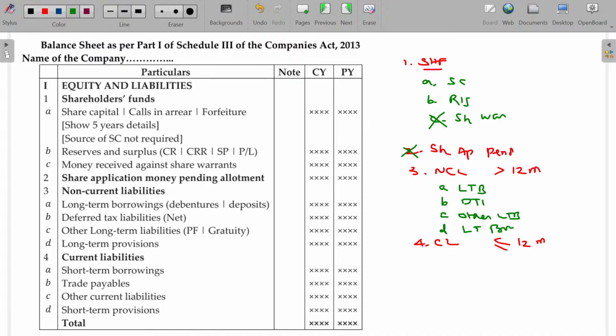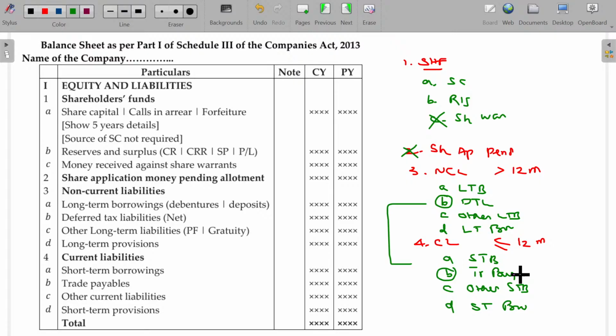Here we have the DTL. Here also we have four items. Leaving this, the rest will be the same: long-term borrowings becomes short-term borrowings, other long-term liabilities becomes other current liabilities, and here short-term provisions. Here you can replace with the trade payables, creditors and bills payable.